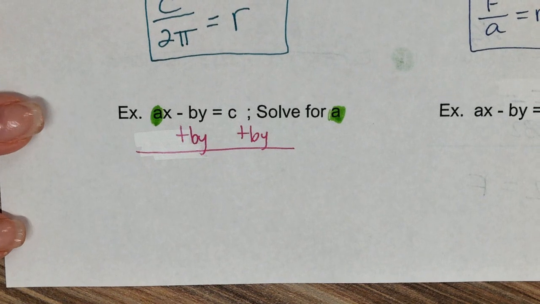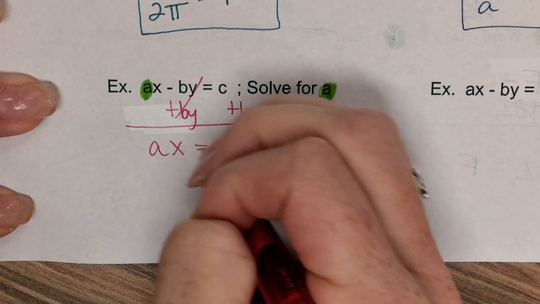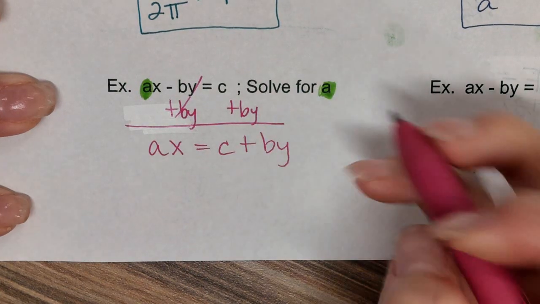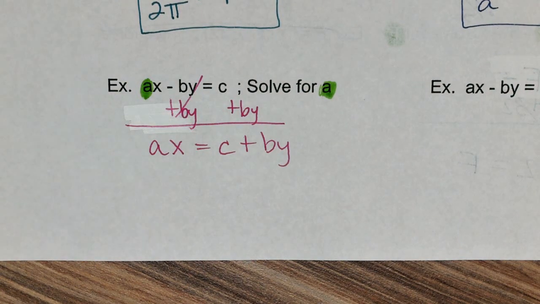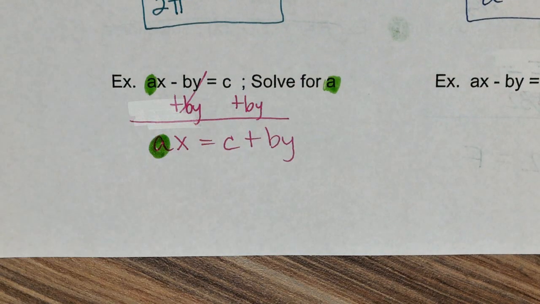Did you add by to both sides? Okay, so you have ax equals c plus by. Now again, it doesn't matter if you put c plus by or by plus c. It's the same thing. Now what am I trying to solve for? Do the next step without me.